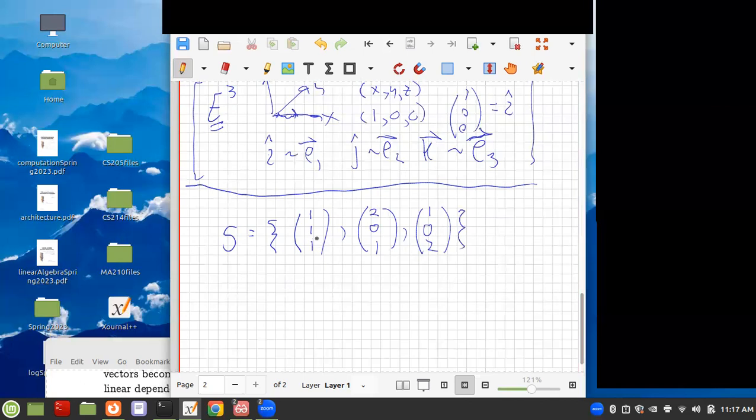It's not the standard basis, but it still might be 3 vectors that span the space and are linearly independent. So we have to check: is S a basis of R^3?